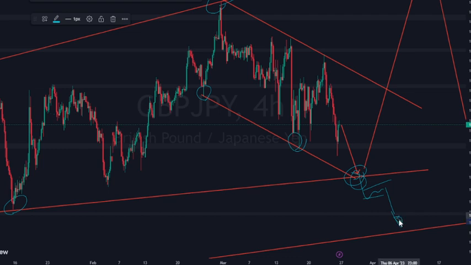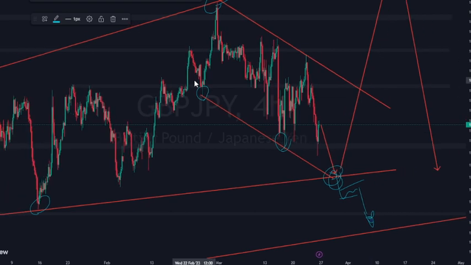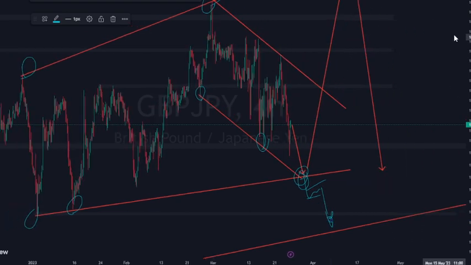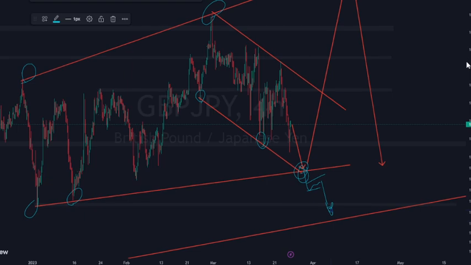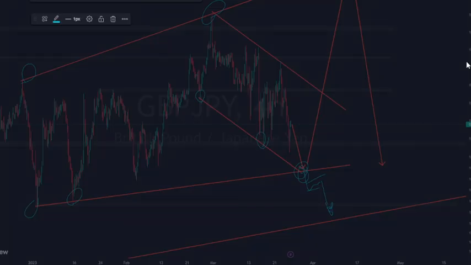Then from these lows, I don't know if I mentioned this in the last video I did, the overall direction for GJ as well. Let me go to the daily just to show you.